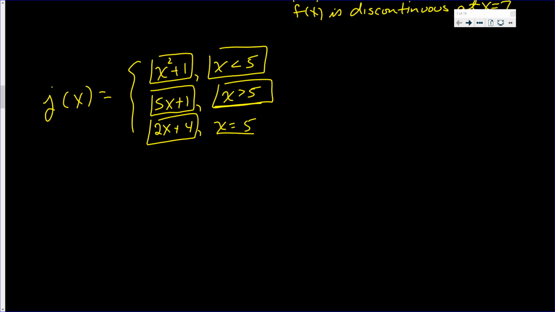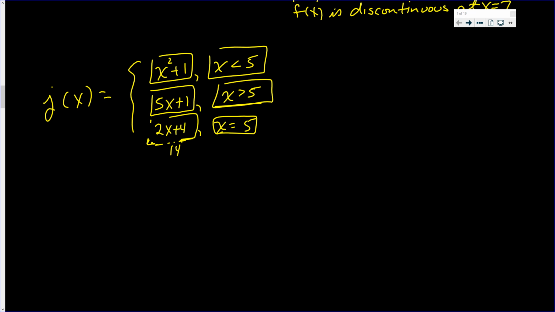And it doesn't really matter what this is. It's really just a constant. It's only when x is 5. 2 times 5 is 10 plus 4 is 14. I could have just said that j of x equals 14 when x equals 5. It's just one point. A point is never continuous or not continuous.